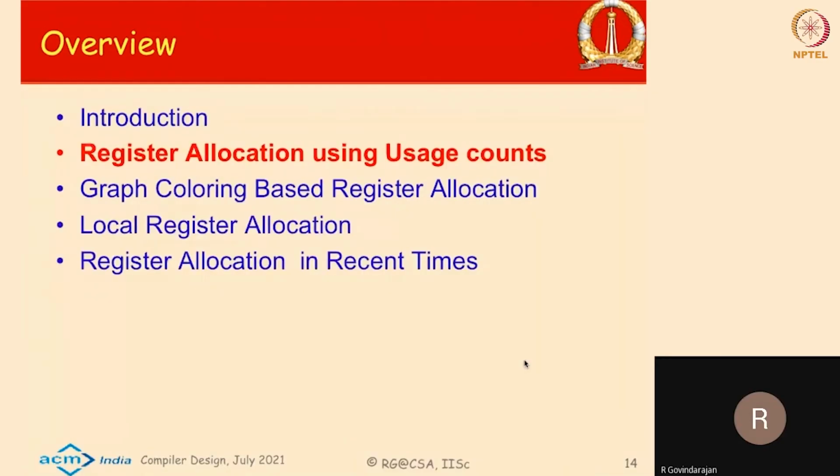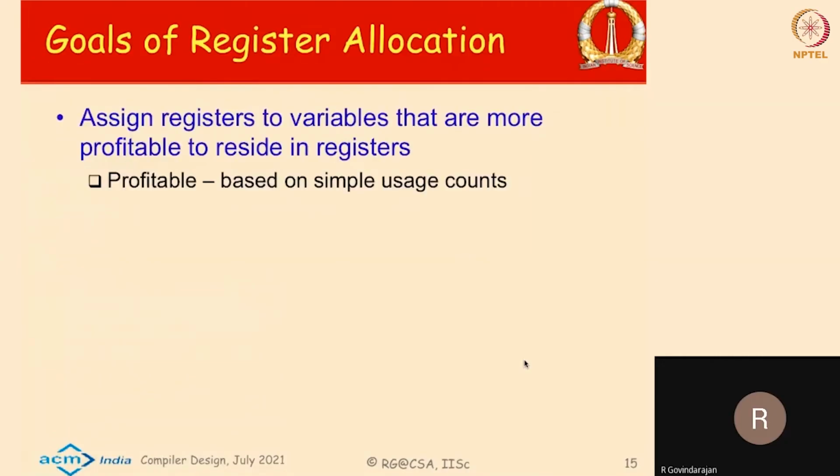Now let's move on to one simple register allocation, which is basically using usage counts. As I mentioned earlier, the goal of the register allocation is to assign registers to variables.